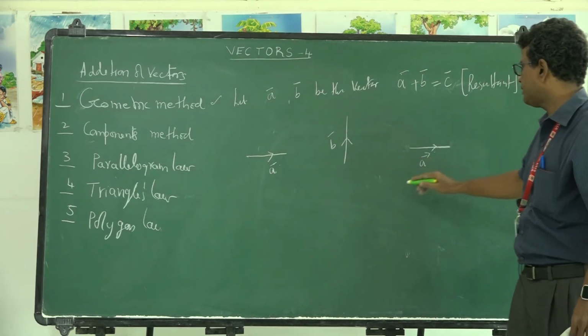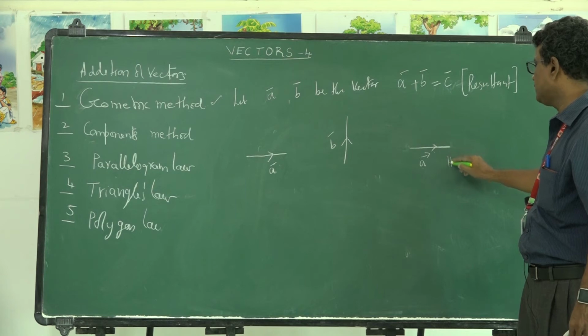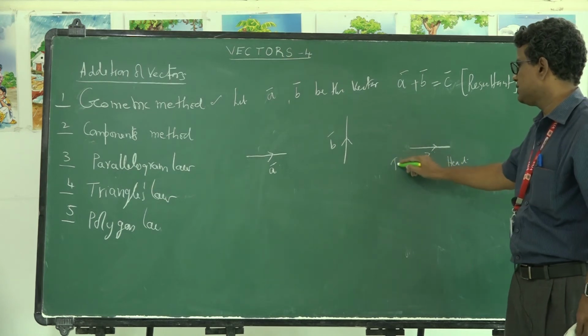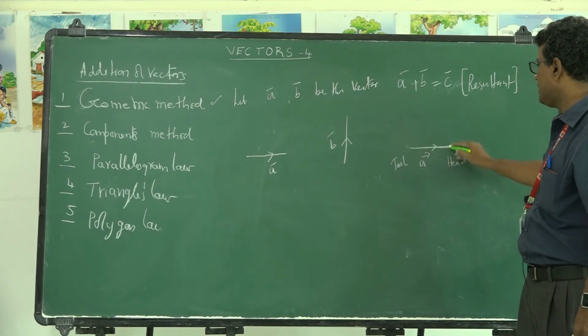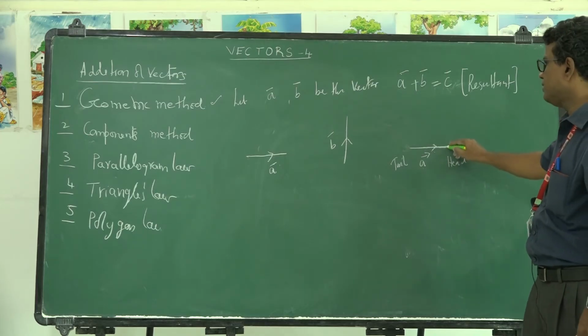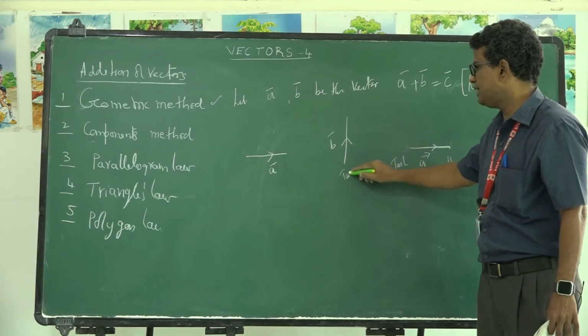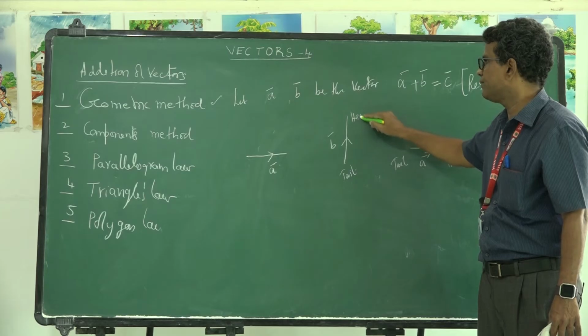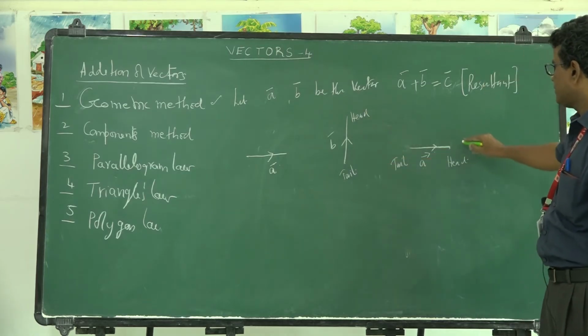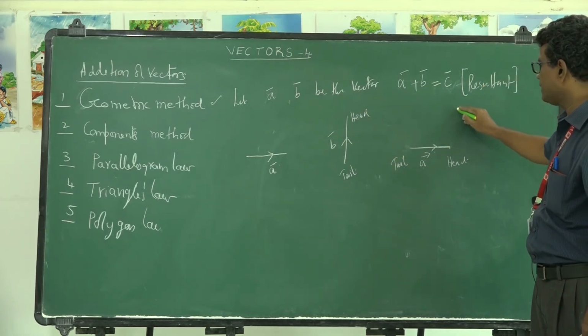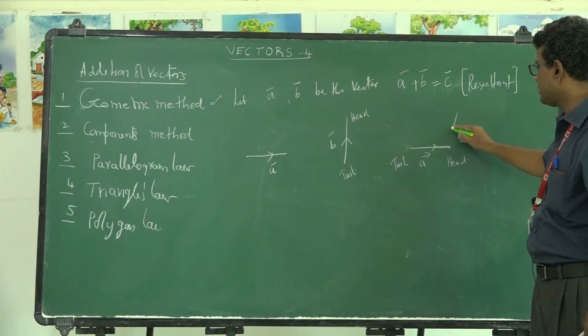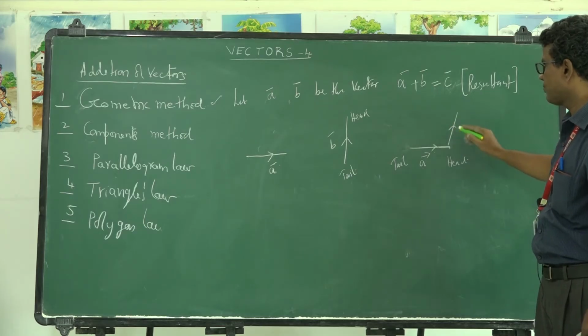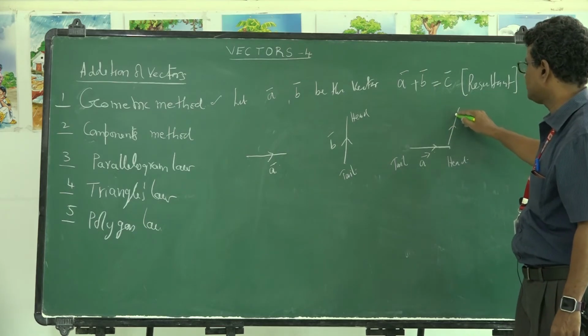Draw the second vector from the head of the first vector. This is the tail of the first vector, this is the head of the first vector. You draw the tail of the second vector here, and this is the head of the second vector. This is b bar.